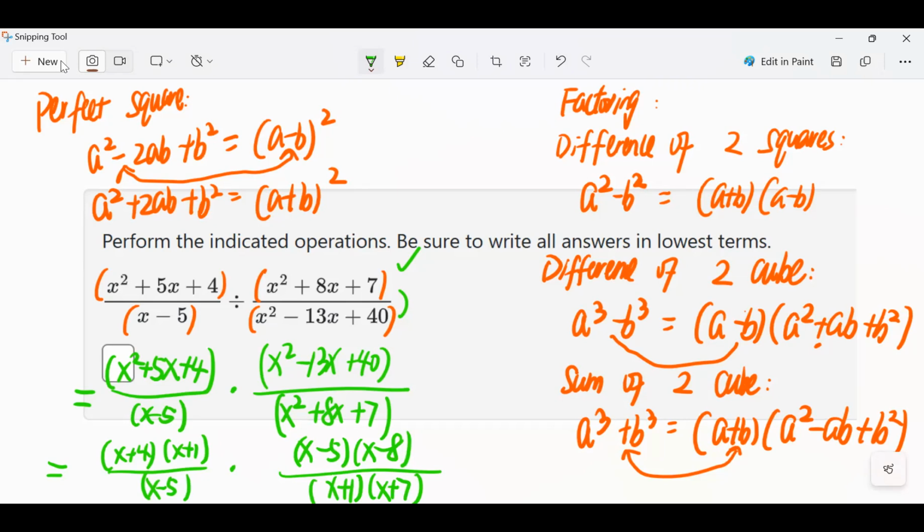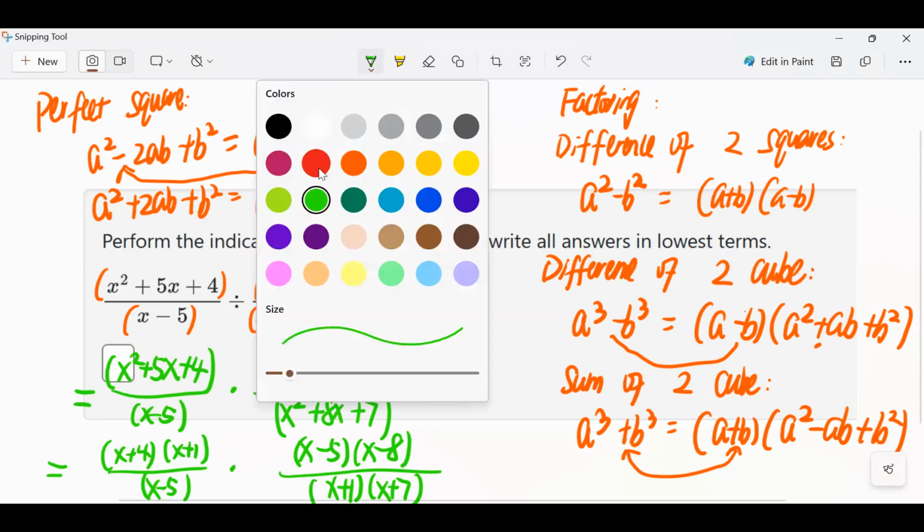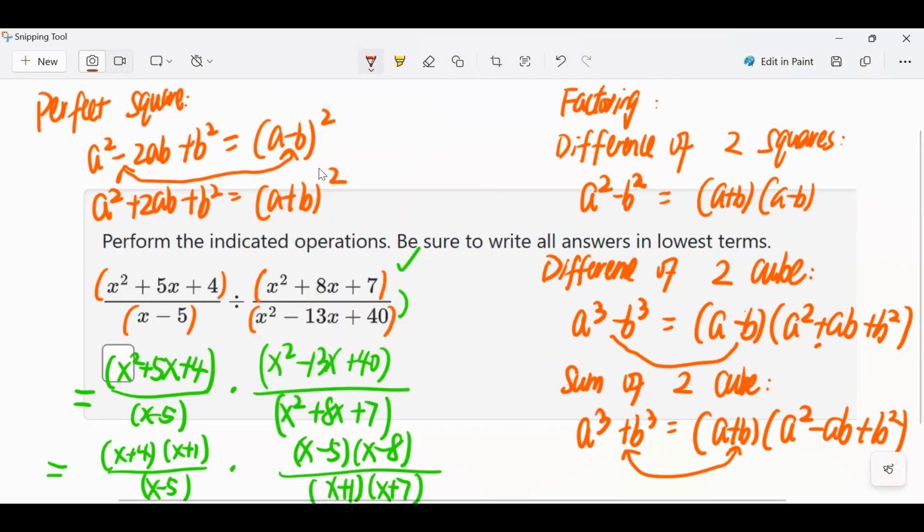All right. Then from there, we just start canceling the common factors. Like x plus 1 gets canceled, x minus 5 gets canceled, and then whatever remains, that'll be the answer. So the remaining answer will be x plus 4, x minus 8 over 7. Okay, so that's the answer.